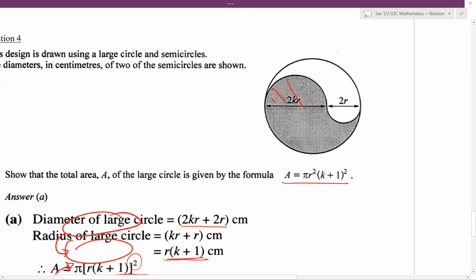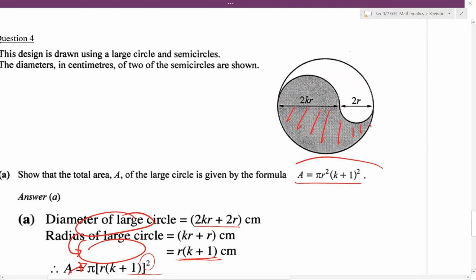So the shaded region for this semicircle is pretty easy. Shaded region, quite easy, pi r squared divided by 2. Now we have another shaded region found here. To find this shaded region, not too difficult also. In part A, you had the area for the big circle. All you need to do is to divide this by 2 to find the area of the biggest semicircle.